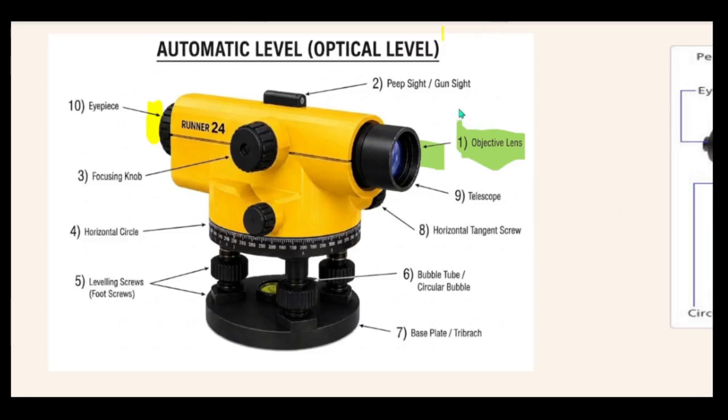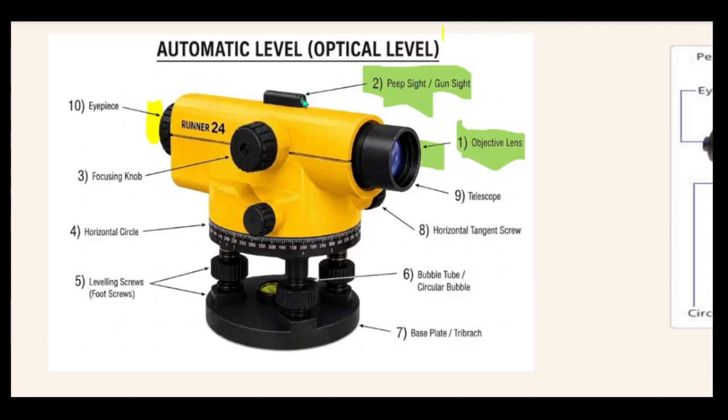The next one we are going to look at is the peep or gun sight. Let me take you back to your guns. Every gun has a gun sight. The gun sight is to place the pistol straight enough that you can hit your target.